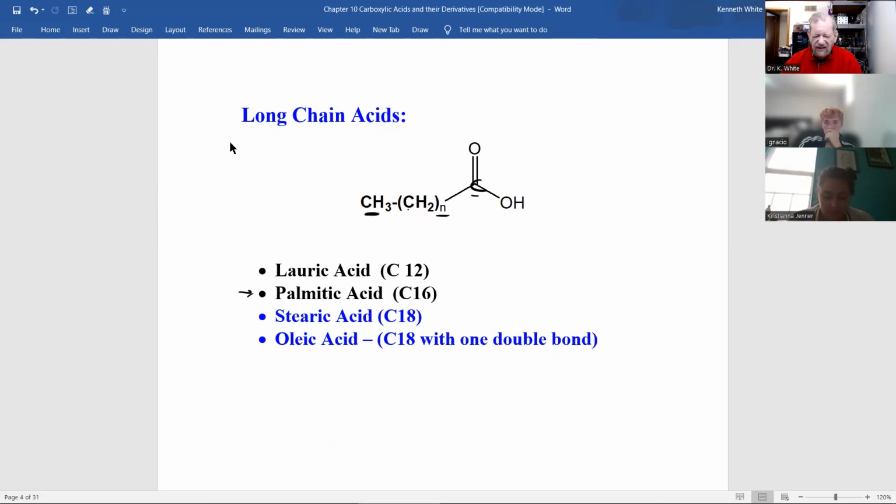And when it's 18, stearic. When it's 18 with a double bond, oleic. And I worked for a company that made oleic and stearic acid. In fact, I invented two different new types of oleic acid years ago. They're still being sold. We'll come back to this.